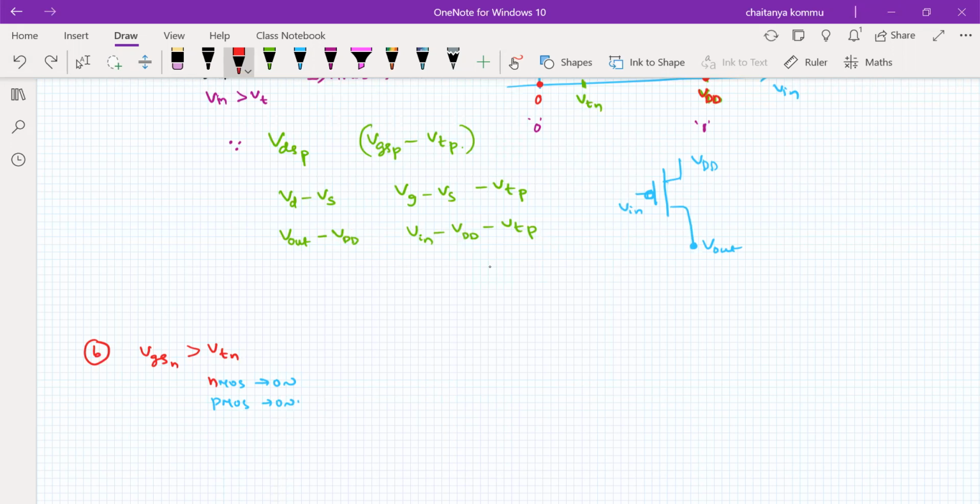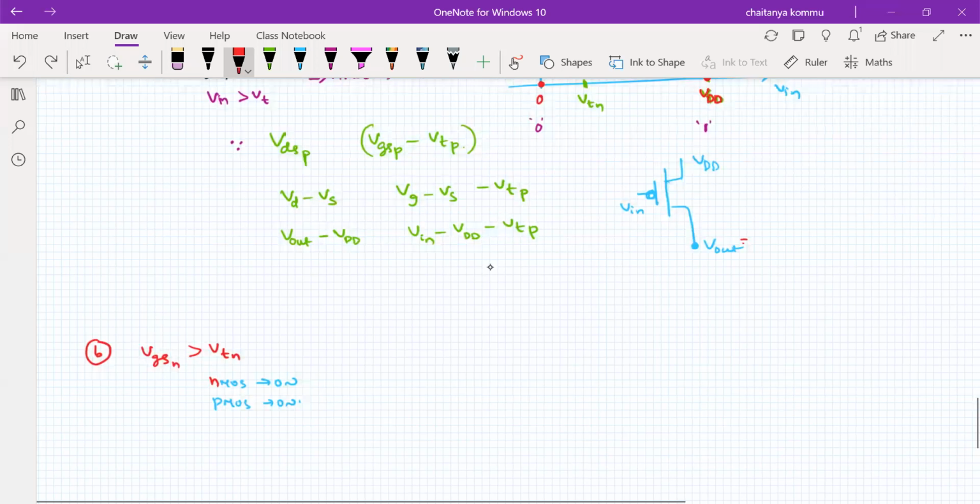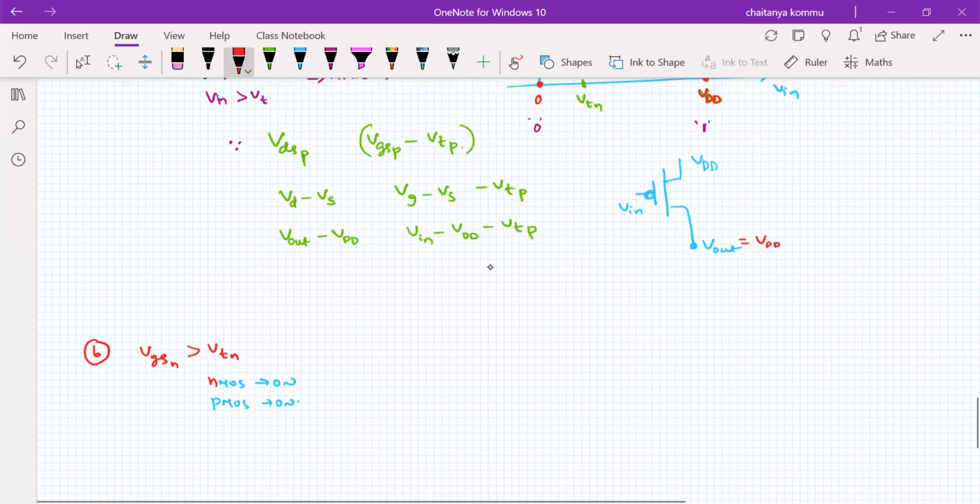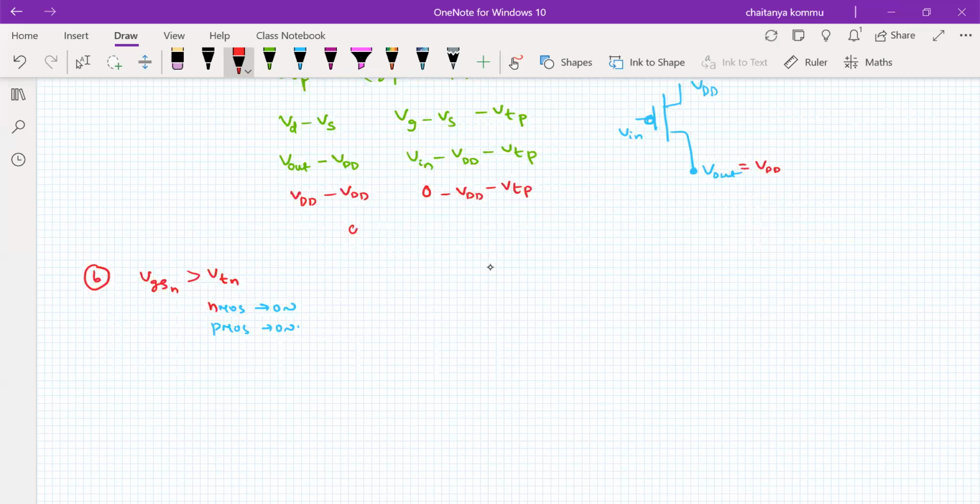What is Vout? Vout is connected to VDD, that's what we observed, when VN is equal to 0. So it is VDD minus VDD on the left, and on the right, 0 minus VDD minus VTP.